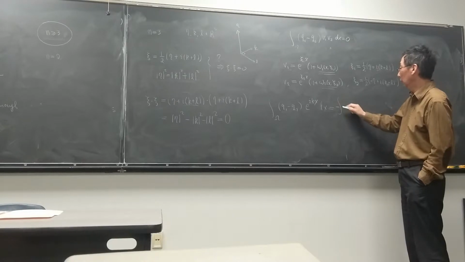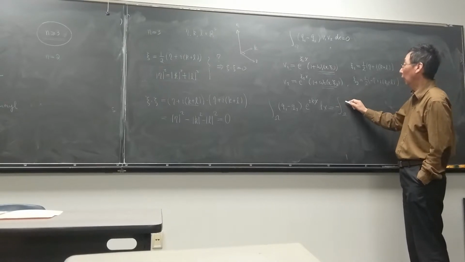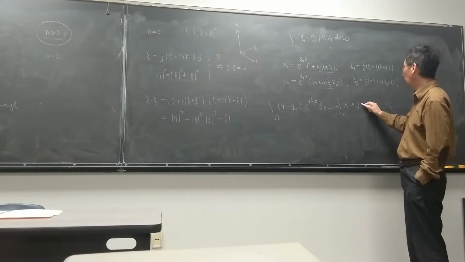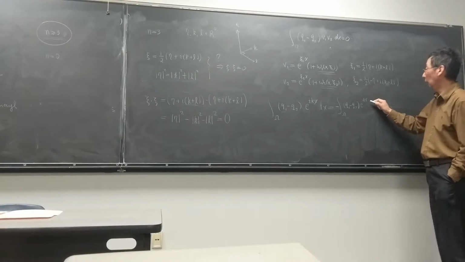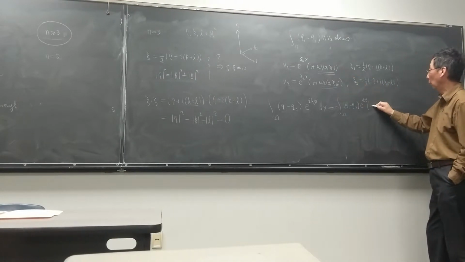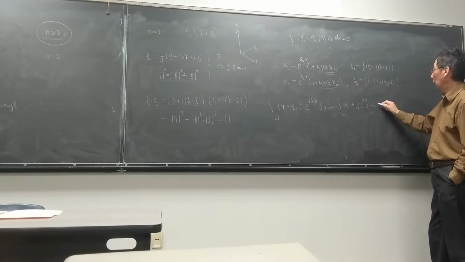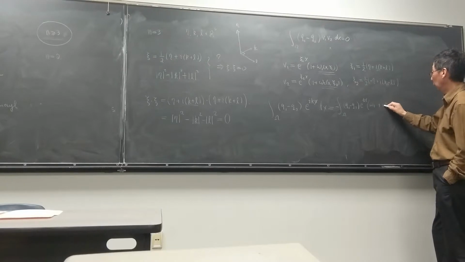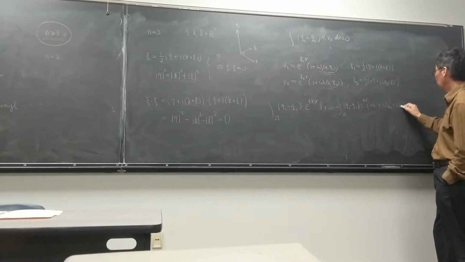The minus omega, then you have again Q1 minus Q2. Then again you have the exponential of ikx, right? Okay, then what do you have? Then you have the remainders omega 1, omega 2. You have omega 1. I skip the detail. Okay? The plus omega 2 plus omega 1, omega 2.